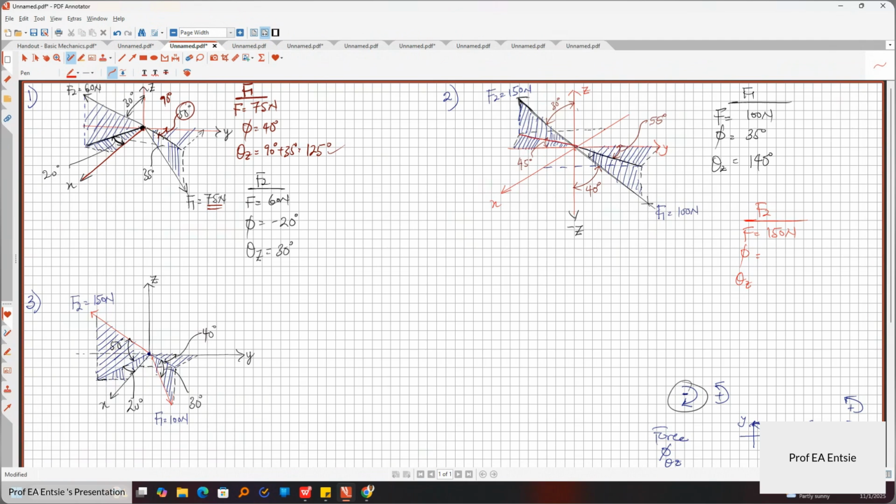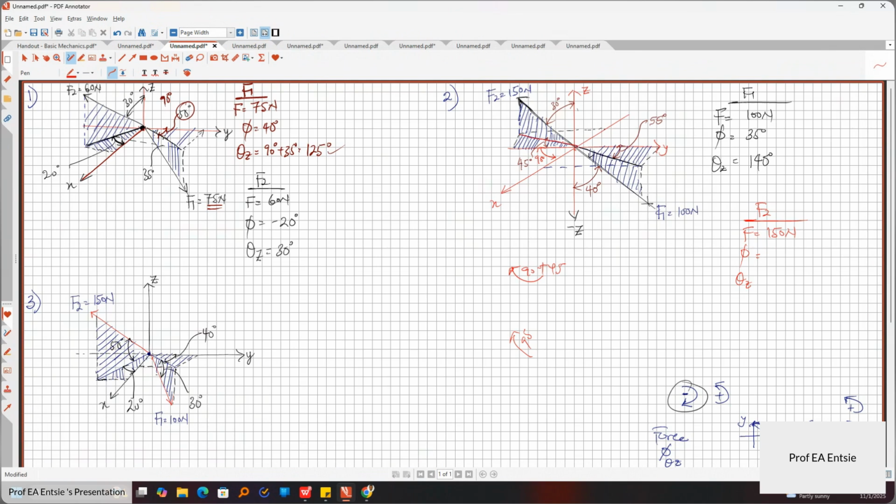But we know from the y-axis to the x-axis the angle is 90. So it will be 90 plus 45. You can see that from the positive x-axis to the y-axis is 90 clockwise.